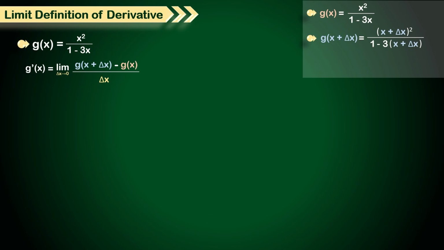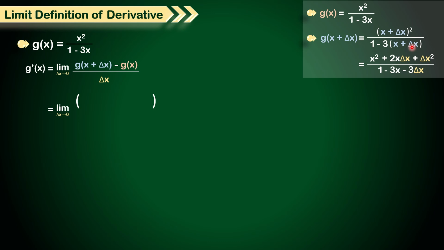It is equal to x squared plus 2x delta x plus delta x squared. In the denominator, distribute negative 3 to each term of x plus delta x. And we have 1 minus 3x minus 3 delta x. Then, substitute each into the definition of the derivative.